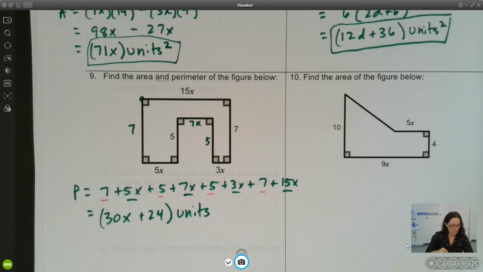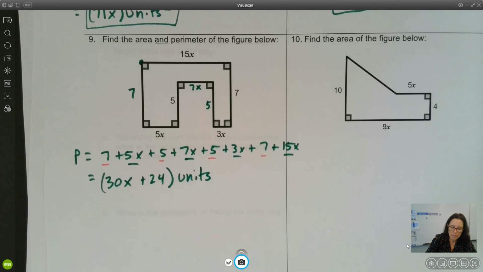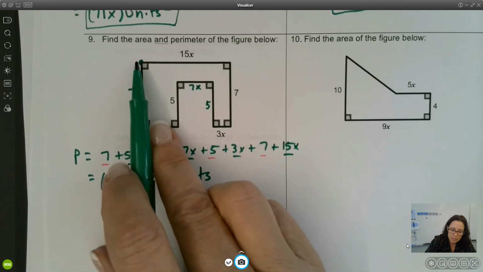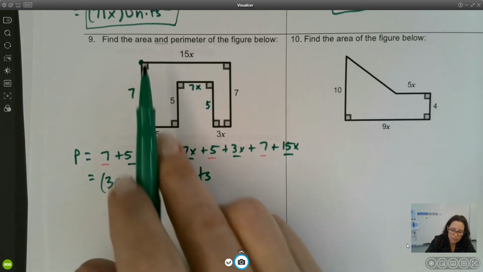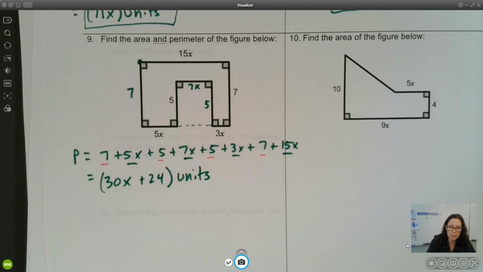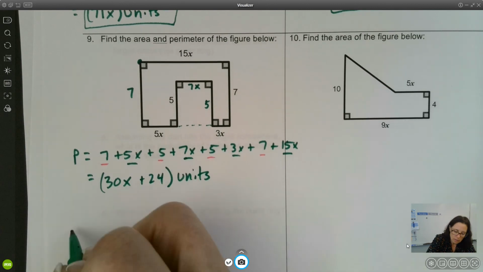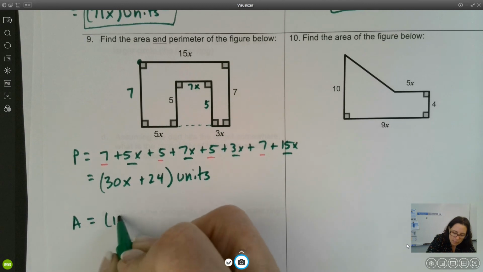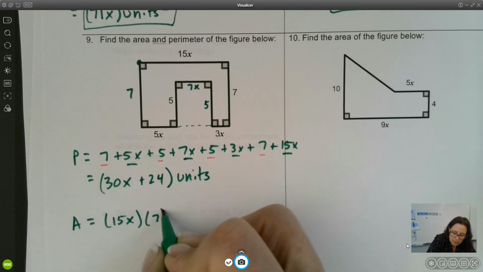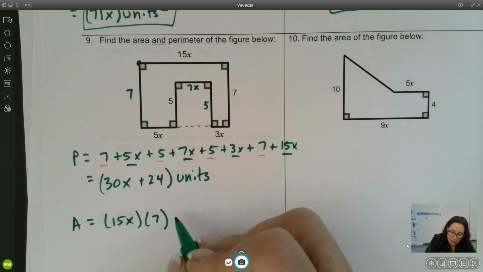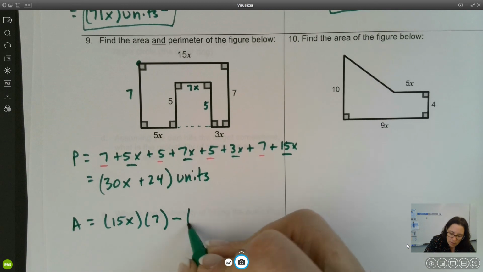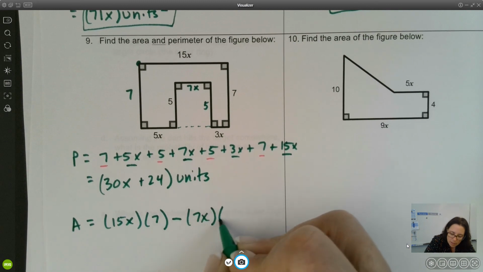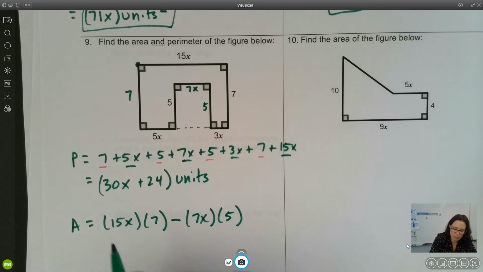Okay, now we're going to go ahead and calculate the area. And I'm going to stick with my usual 7 by 15x. That's the whole thing, and then I'm going to take out that piece right there. Okay, so area, I've got 15x by 7. That's the whole thing. And then I need to take out the 7x by 5.